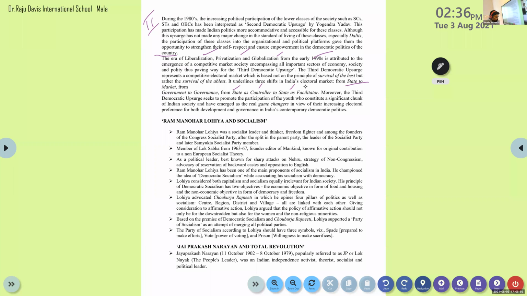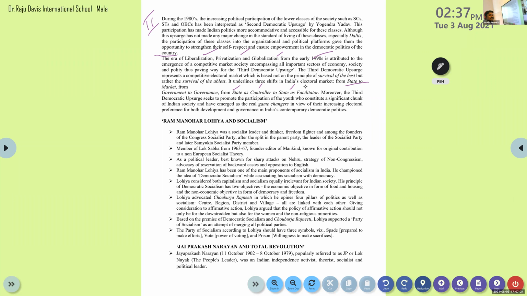Today almost all political parties are giving more importance to young people, who hold a major share of the population. No political party can discard the presence of young people, and they are able to make changes in Indian politics, in view of their increasing electoral preferences for both development and governance in contemporary Indian democratic politics.